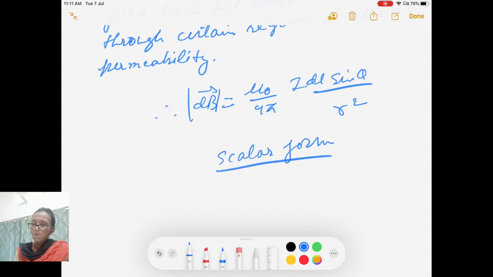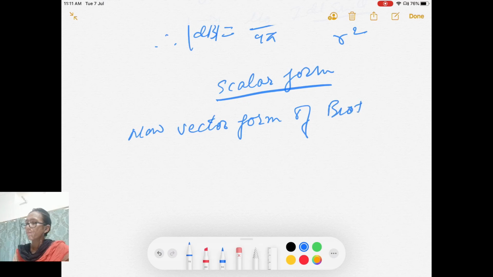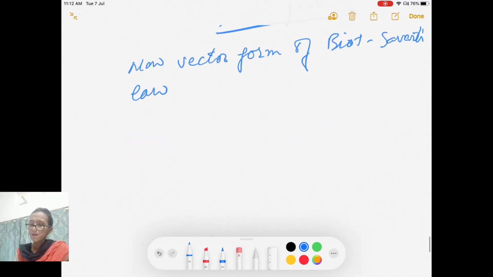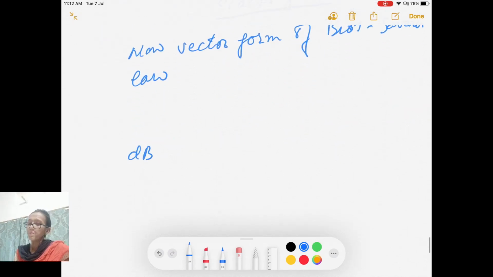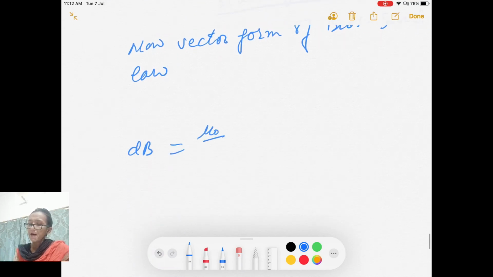Now, vector form of Biot-Savart's law. So this is dB is equal to mu naught upon 4 pi I dl cross r.